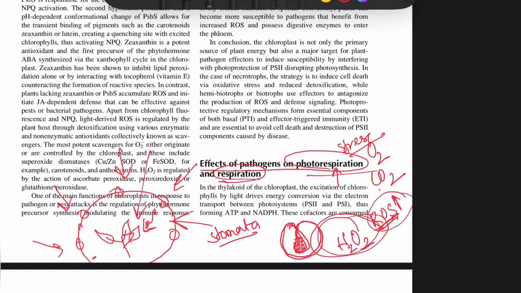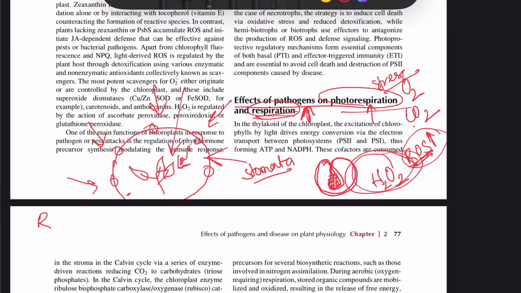Now what about respiration? Respiration is how plants break down sugars to get energy, right? During infection, this process speeds up to meet the plant's extra energy needs for defense. Whether the plant is resistant or susceptible, respiration increases in case of pathogen attack. That is normal, okay? But there is a slight difference between resistant and susceptible plants. In resistant plants, respiration rises very quickly and then falls suddenly.